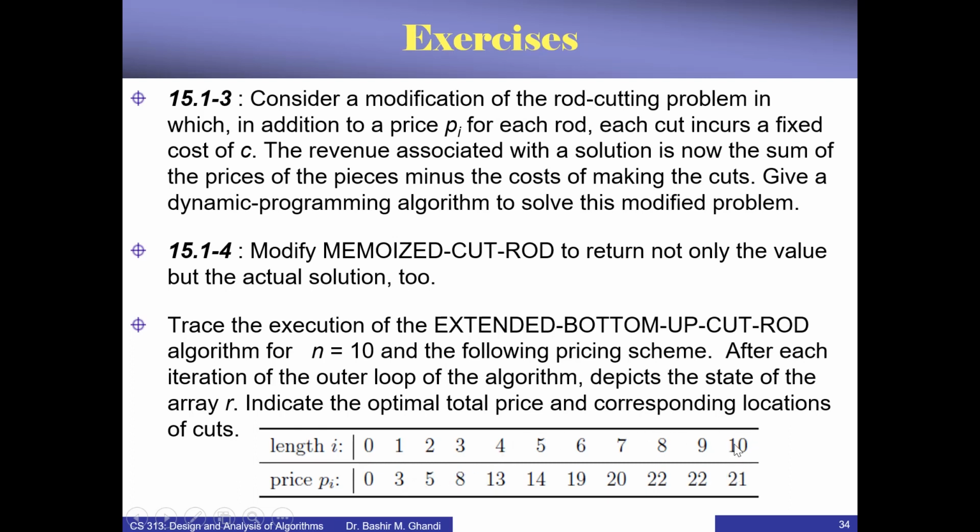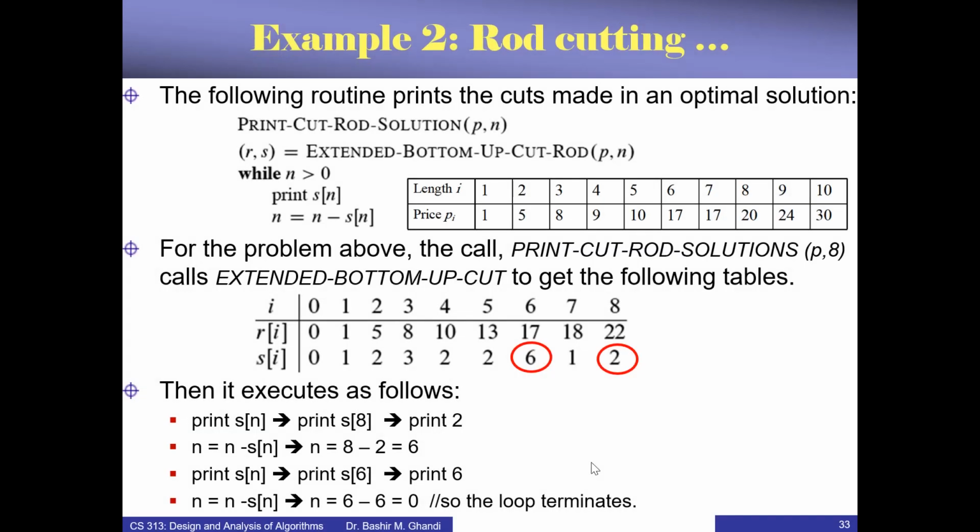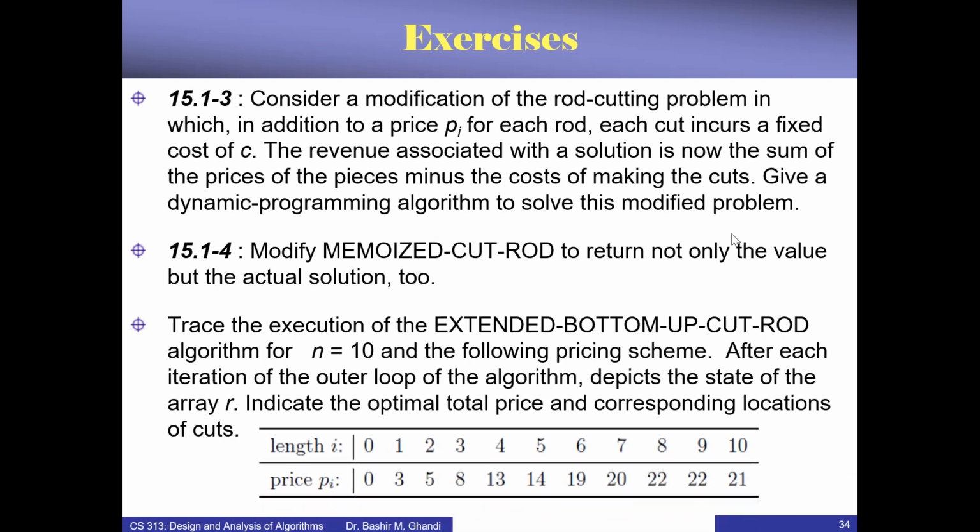And now we want the solution. Is it different actually? Yeah, it is different because you can see, for example, for 6, the price was 17, and also for 7. But now the price for 6 is 19, the price for 7 is 20. So the prices are slightly different.